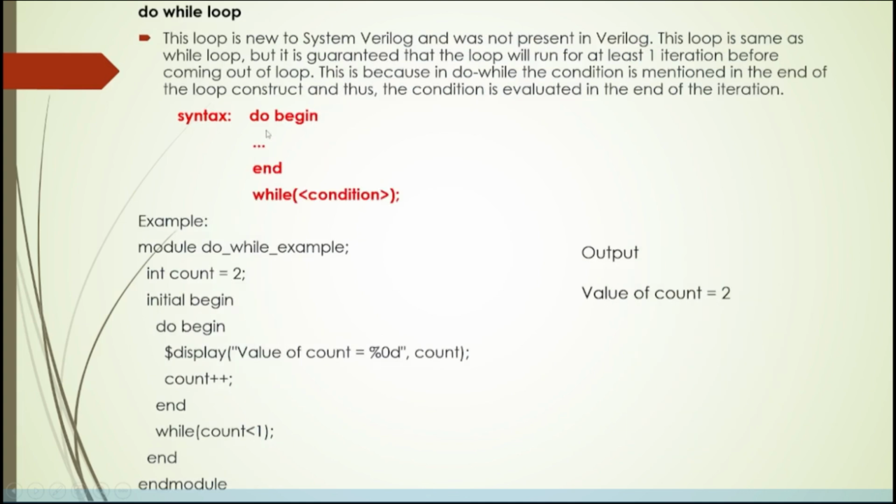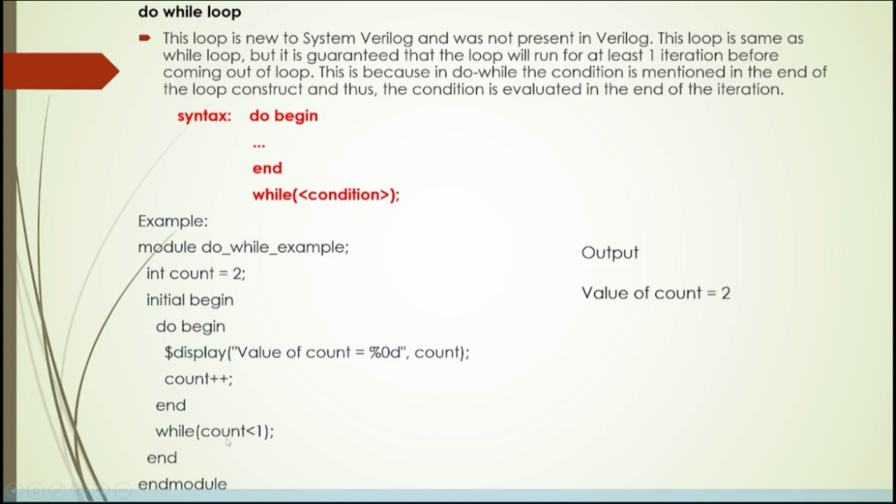But in do while loop, since the condition is last, at least one statement will be executed first. If you see the code here, count is 2. I'm giving do while, and the condition is while count is less than 1. First, the statement will be executed once.